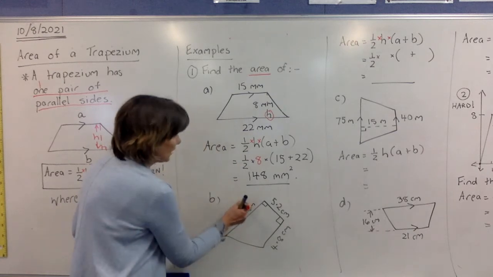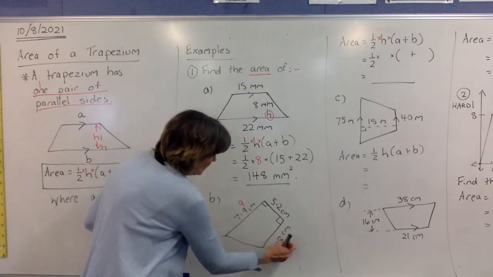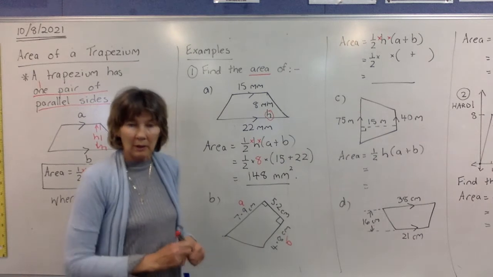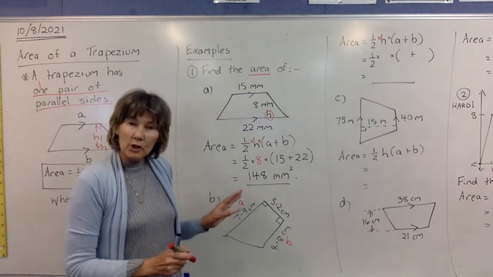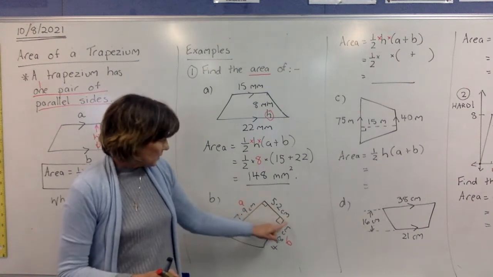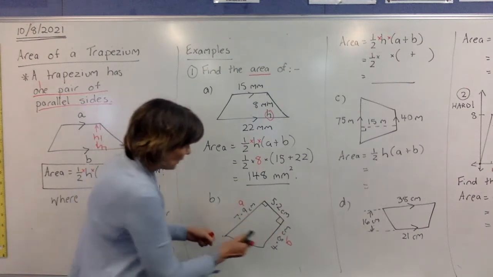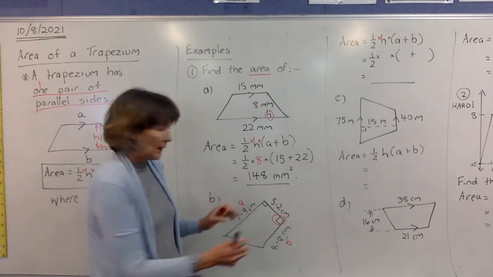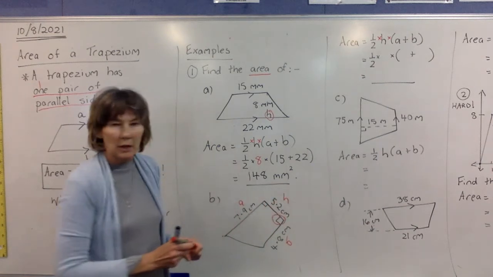So those two numbers are going to be my A and my B in my formula because they're the parallel lines. Now the H is going to be the perpendicular height between them. This is the side that goes between them, and we do have our right angle for our perpendicular part, so that will be our H that goes in.